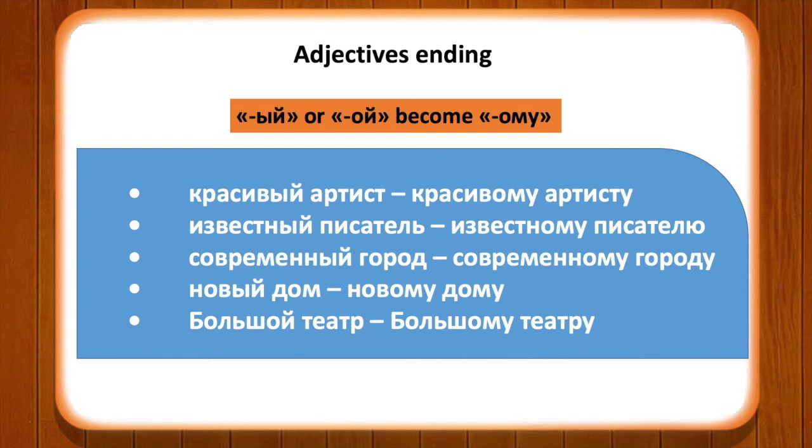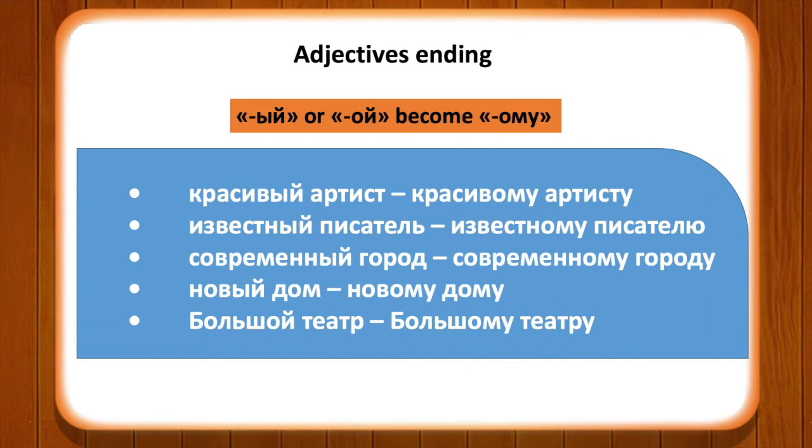The adjective endings and the noun endings are the same. That is why in the dative case they also change similarly. How? So, красивый артист changes into красивому артисту. Кому он подарил новую ручку? Он подарил новую ручку красивому артисту. Красивому артисту он подарил новую ручку.